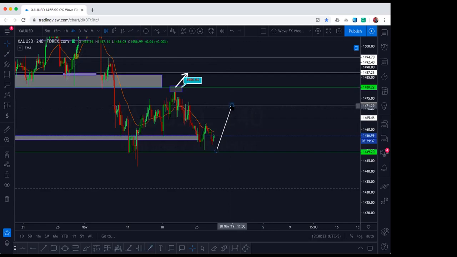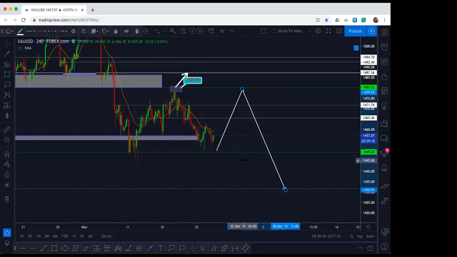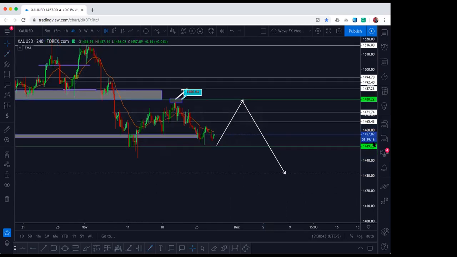Right? We could see the market at least make an attempt now to actually test the 1480 zone. And from there, we can anticipate another swing to the downside. This time we'll be looking to break this support zone and head down to close off this overall correctional move for gold.